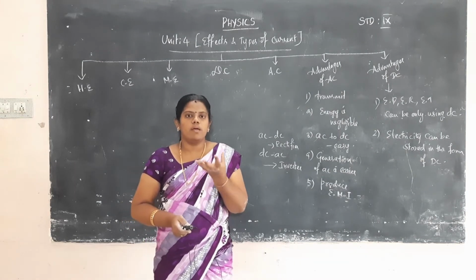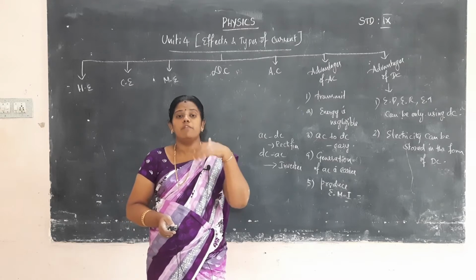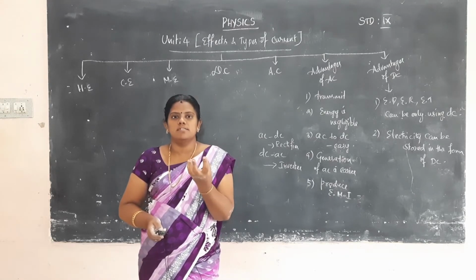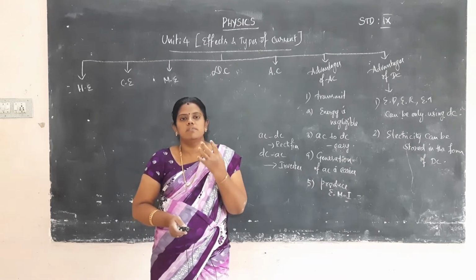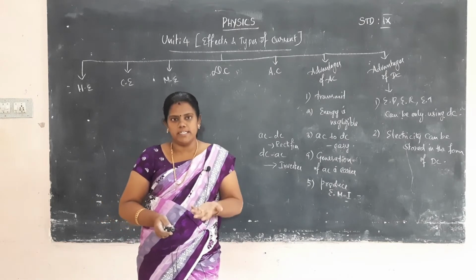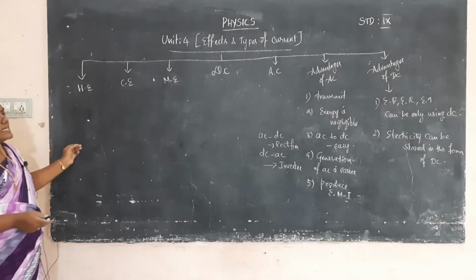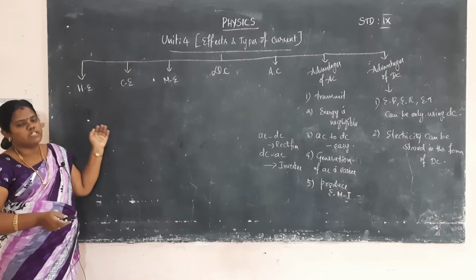For example, touch the bulb after it has been glowing for a long time. You feel the warmness of the outer surface of the bulb. That is the phenomenon: the electrical energy is converted into heat energy. This is called the heating effect of current.